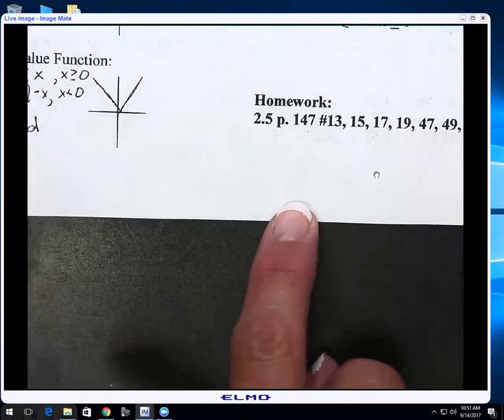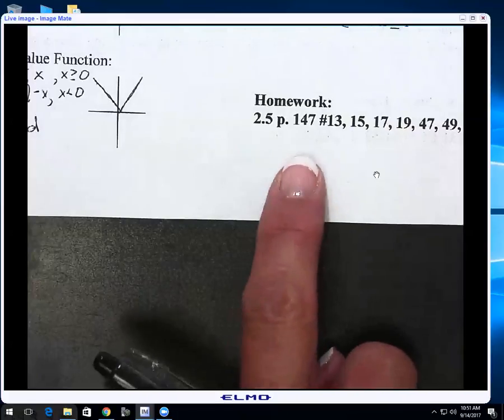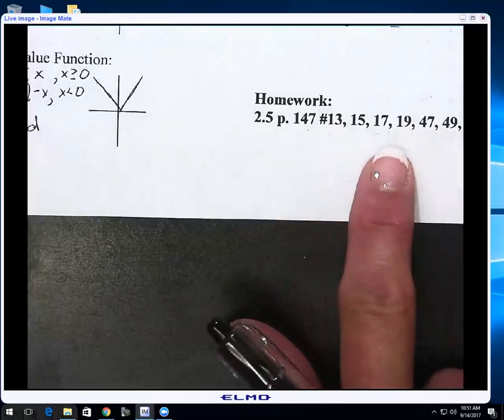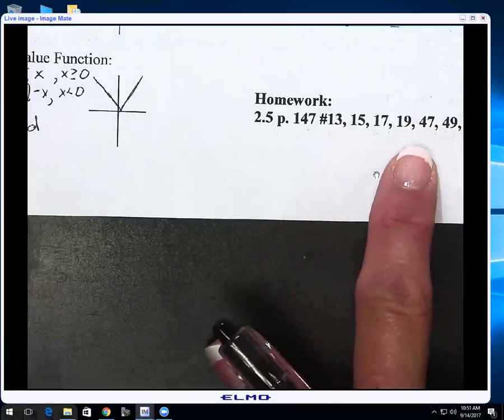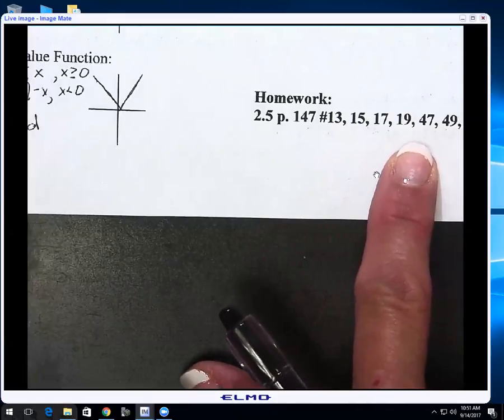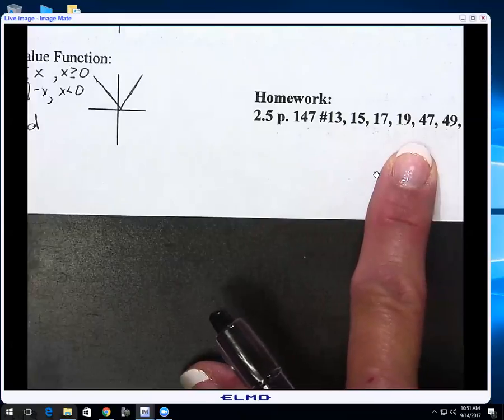Number 13, you should be able to do it. 15, you can do it. 17, you can do that. 19, you can do that. 47, where is it? 47, okay. We haven't talked about 47, 49, and 51.